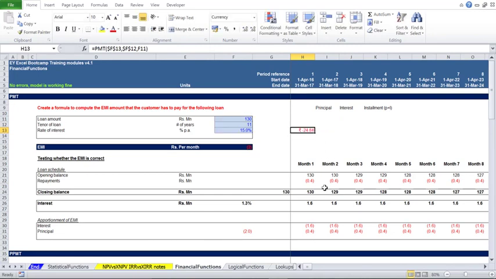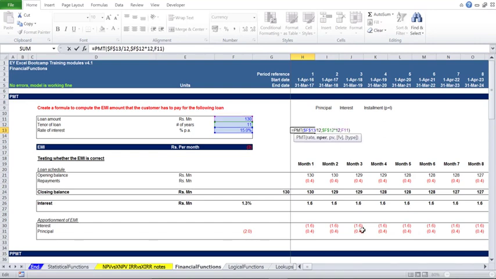Now, as you can see in the example before us, the installments are being calculated on a monthly basis. So to convert this function into a monthly formula, what we need to do is the loan amount, the interest rate will have to be divided by 12. Since the tenure of loan is monthly and for 11 years, the tenure will become number of years into 12.